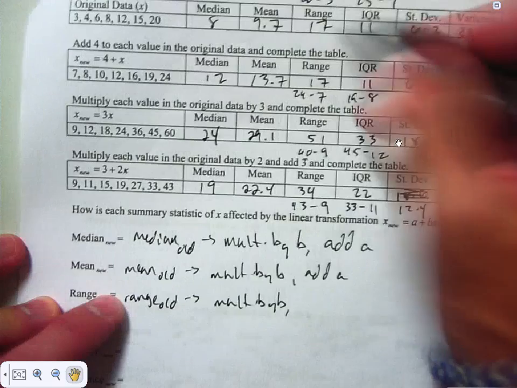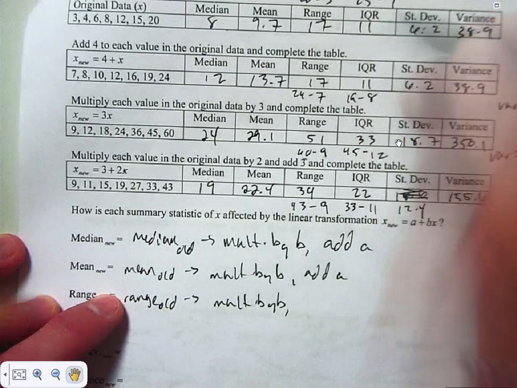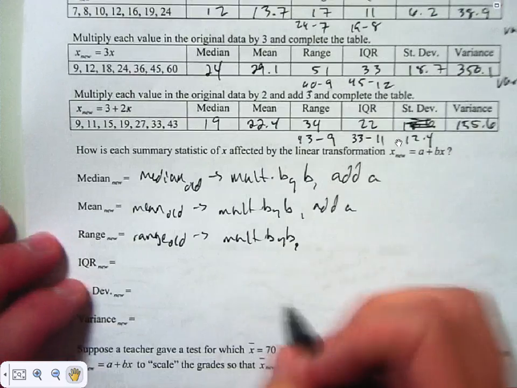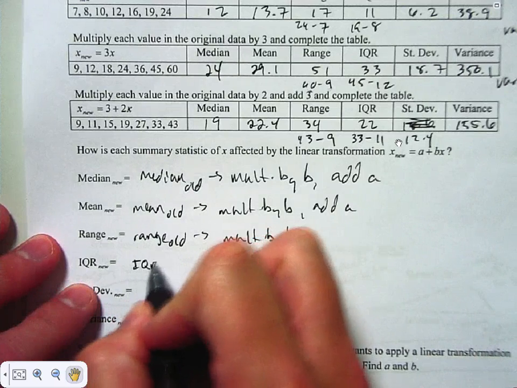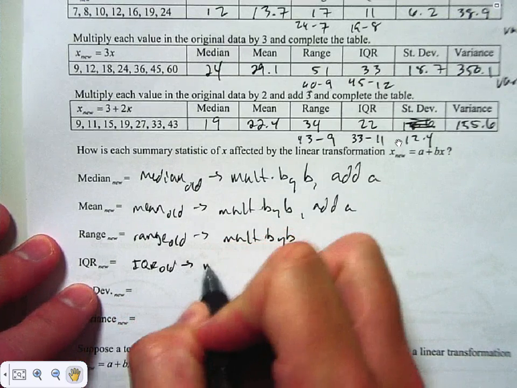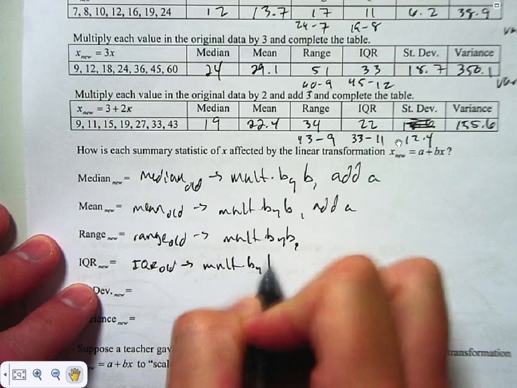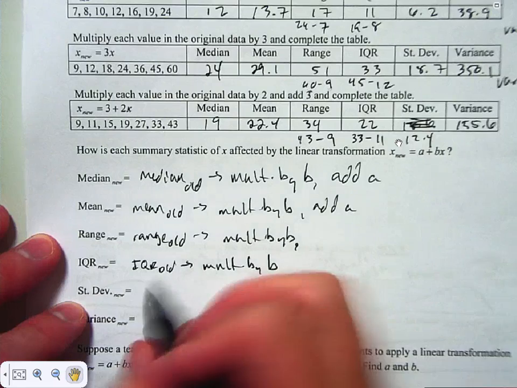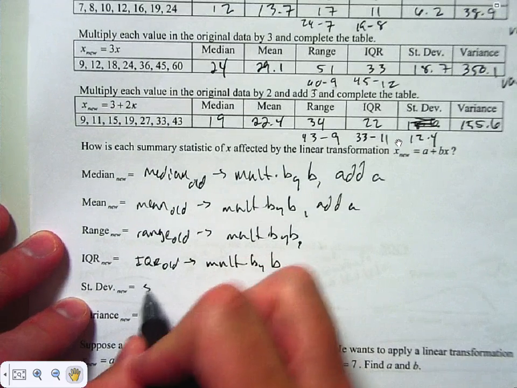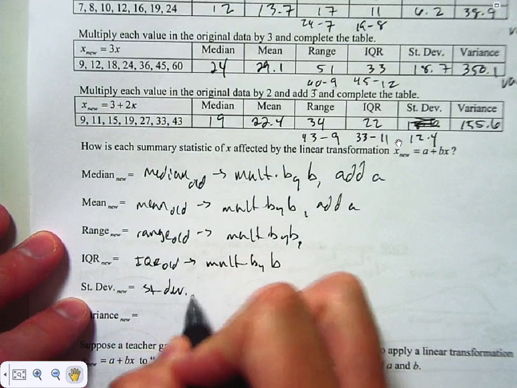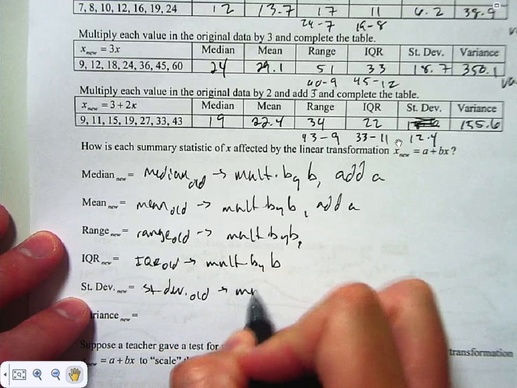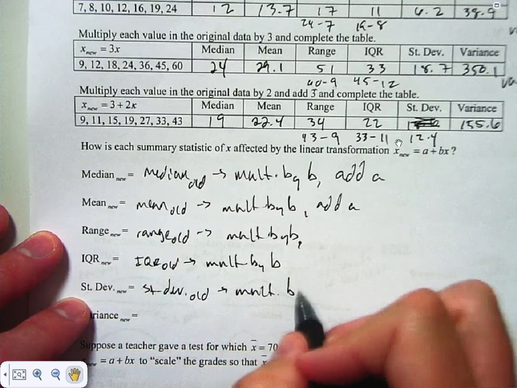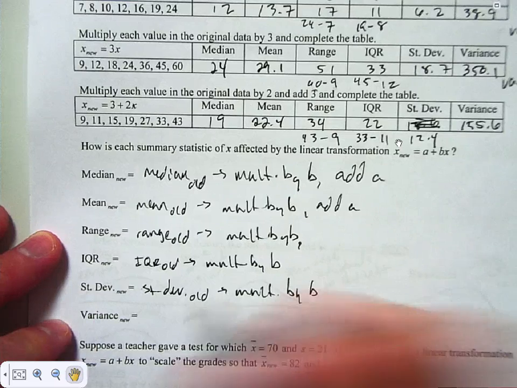Well, if you go back up, range was not affected by adding. So no, we're not going to add a. IQR new is going to be IQR old, and then multiply it by b, and again, no adding, because it did not change when you added the constant. Standard deviation: we're going to take standard deviation old, multiply it by b, but do not add anything.